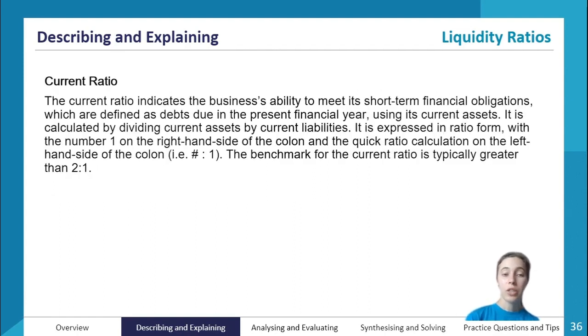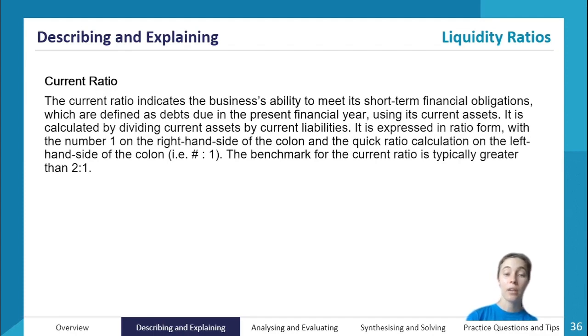The current ratio indicates the business's ability to meet its short-term financial obligations. Short-term financial obligations are defined as debts due in the present financial year. It's measuring this by using its current assets in order to meet these obligations.